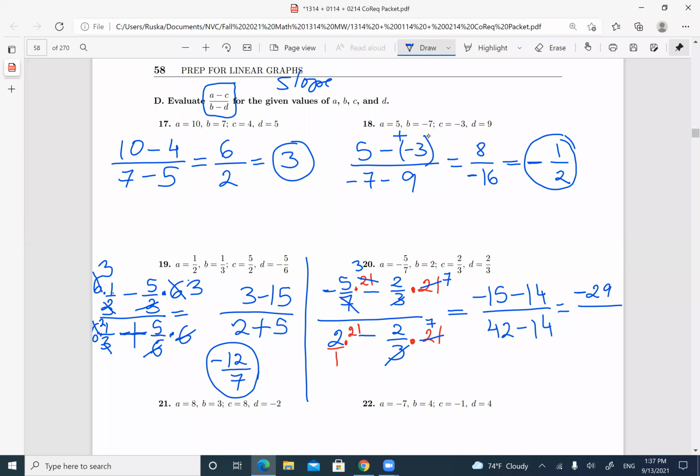And then what is 42 minus 14? 28, right? Now 29 and 28, you can't reduce it, so just leave it like that. Just negative 29 over 28. So always when you have a fraction, try to reduce. If you can't, just leave it. Okay? Any questions on this?